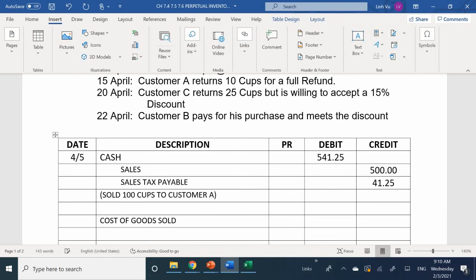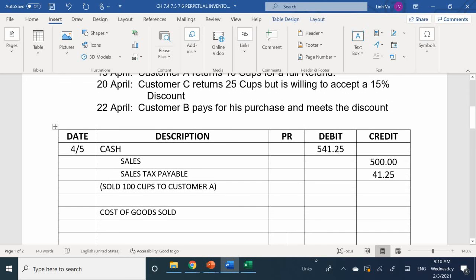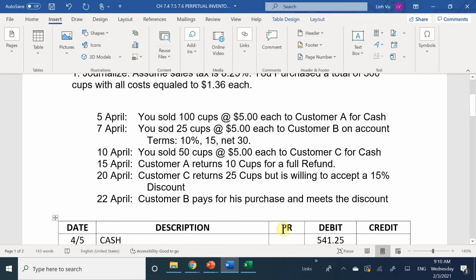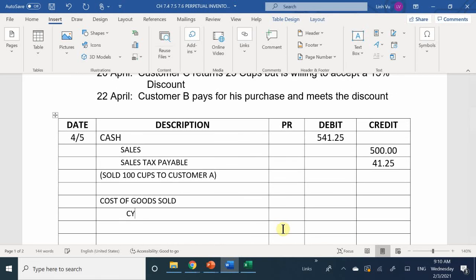And where are we taking it out of? We're taking it out of what we paid, $1.36. What account are we going to be taking it out of? Inventory, and in this case my specific inventory is cups. And how much is my total going to be here? $136.